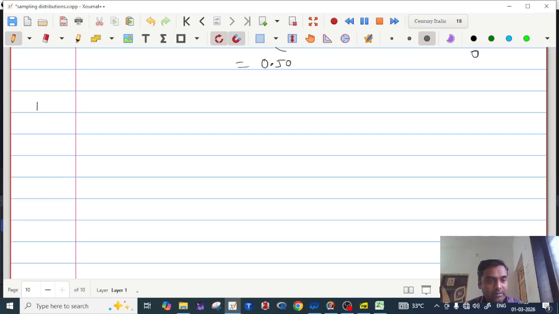The next example is based on computation of probabilities.